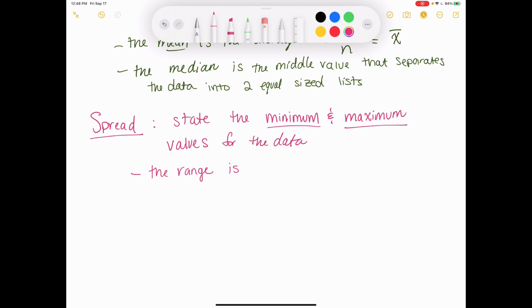All right, the range is the difference between the min and the max. The data can be split into quartiles.